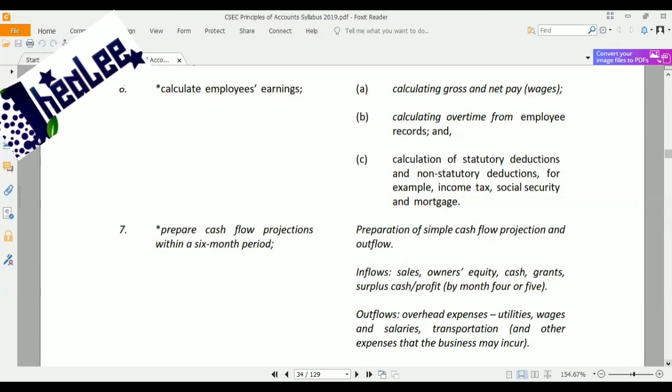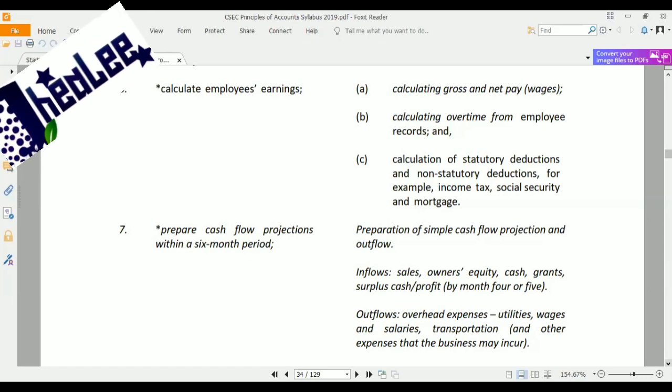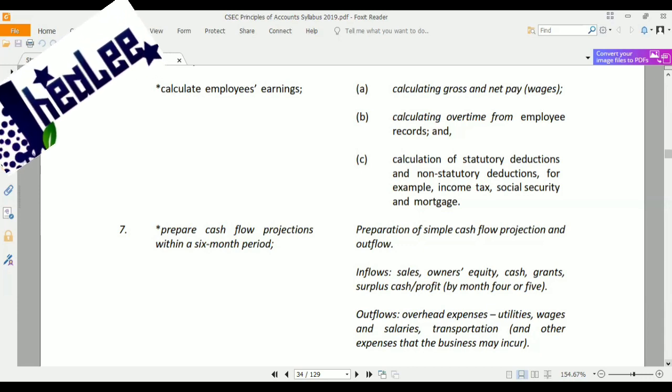Cash flow is nothing that is difficult, because it's not like you're going to a higher level of preparing cash flow statements. In your Unit 1 course, it will be way different. For this one, all you're doing is matching your inflows against your outflows. What will bring in some funding in the business?